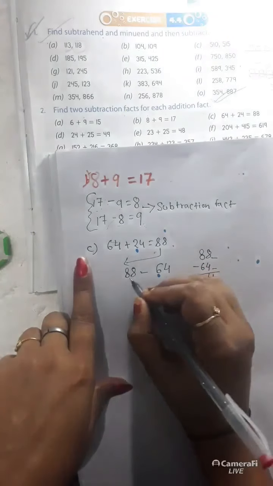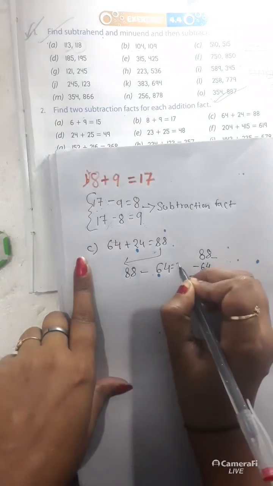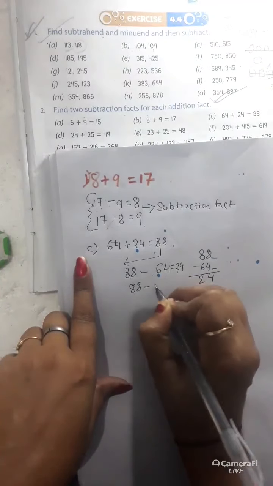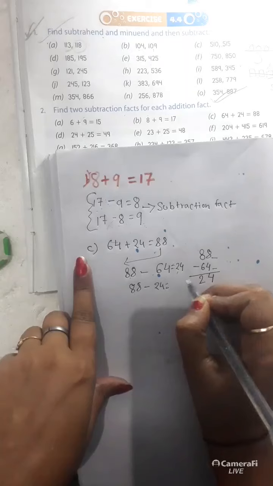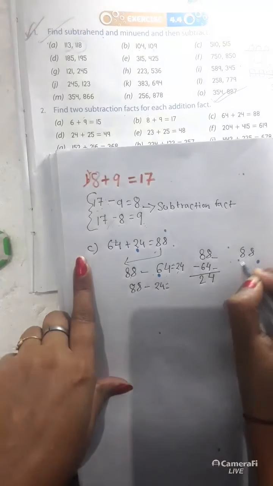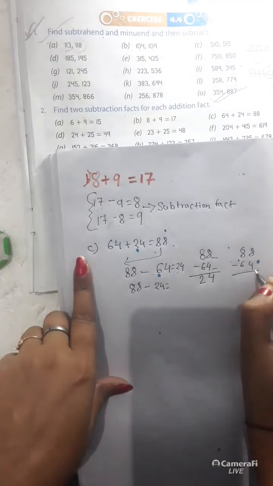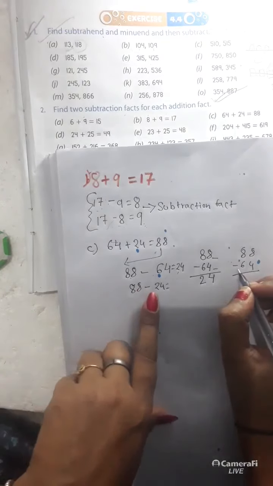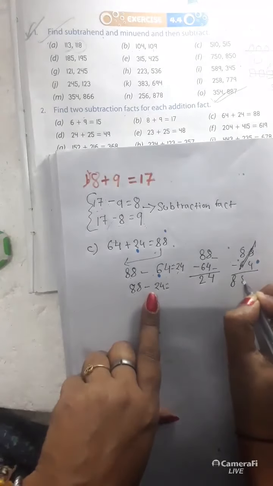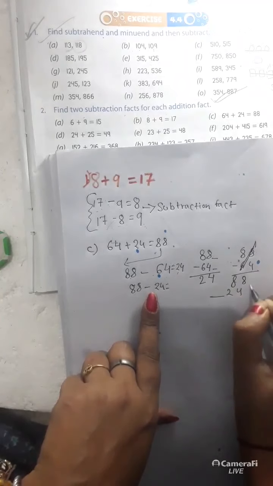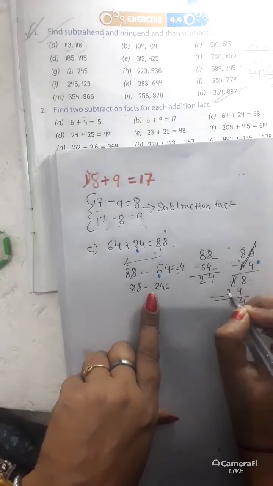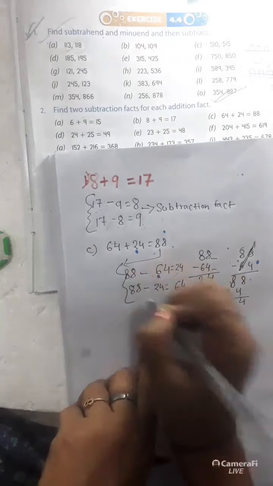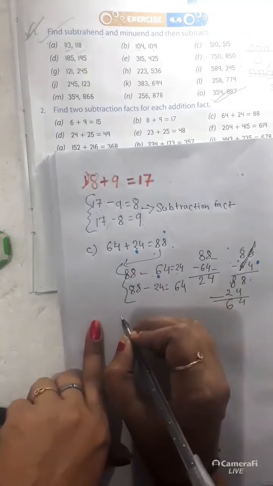So 88 minus 64 is 24. Again 88 minus 24: 8 minus 4 is 4, 8 minus 2 is 6. So 64. So you see, two subtraction facts I have taken out.